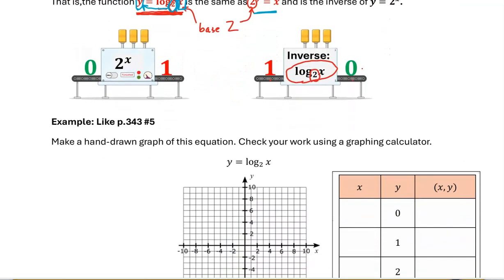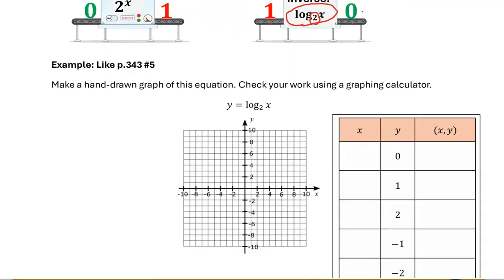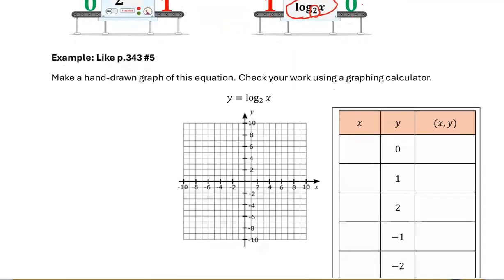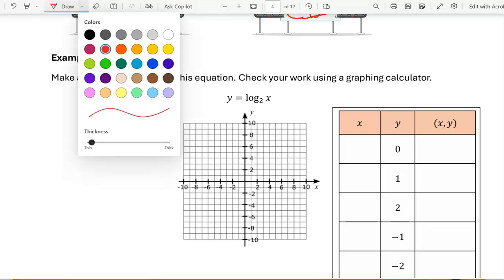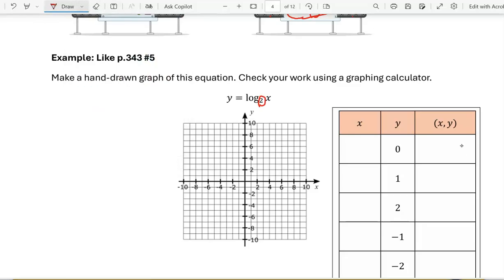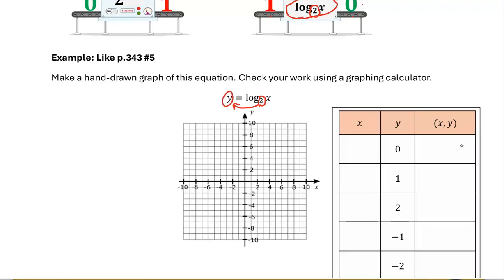So, number 5. When we see y equals log base 2 of x, we're thinking of 2 with an exponent of y equals x. So I'm going to do exactly what we did earlier.